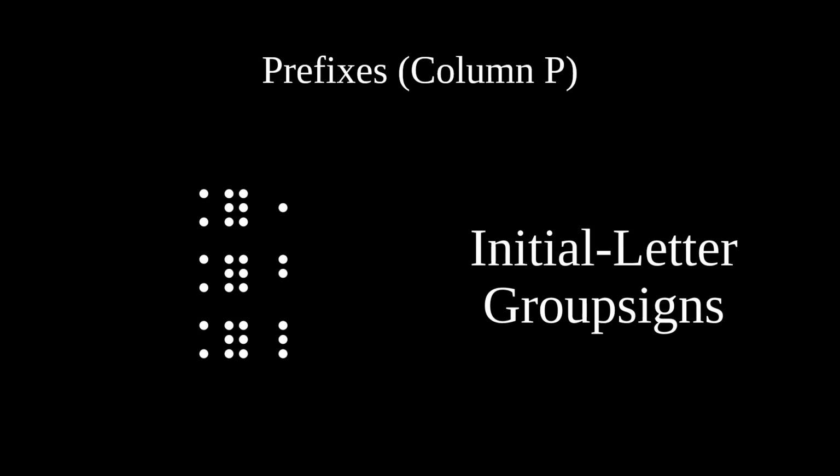You will learn more about those two cells later, but for now, you're going to learn the cells in column P. These 3 cells are initial letter group sign prefixes. The first cell in this group has dot 5, the second cell in this group also has dot 4, and the third cell in this group also has dot 6.